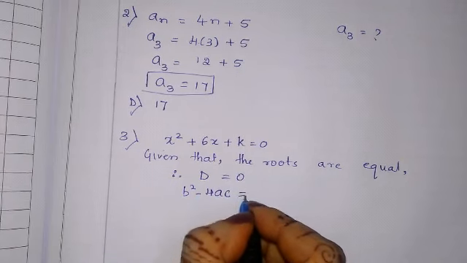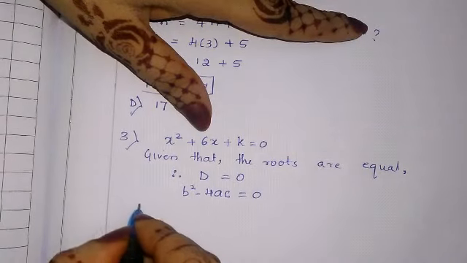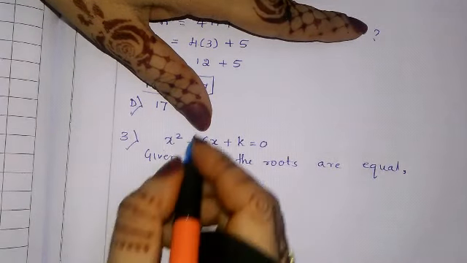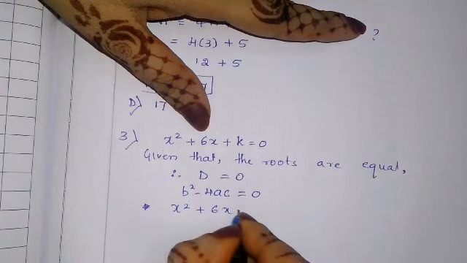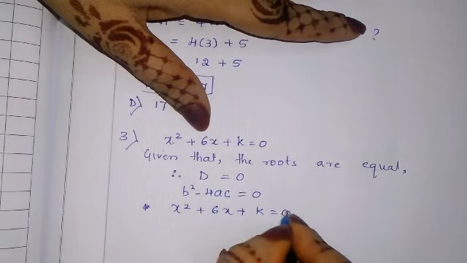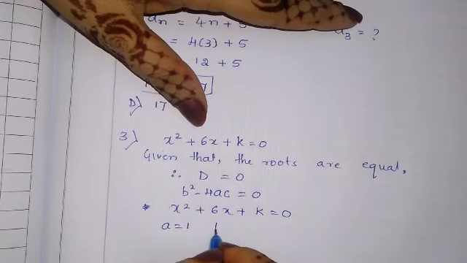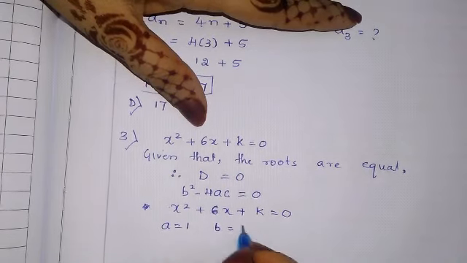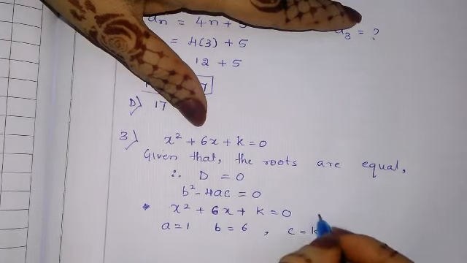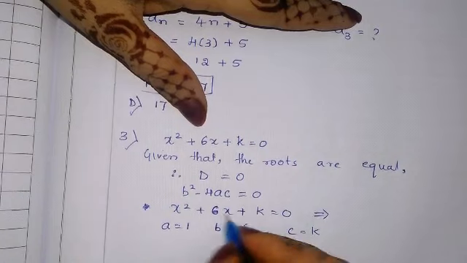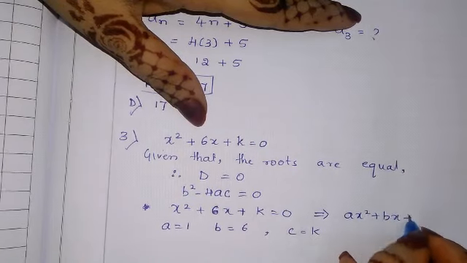The value of d is equal to 0. Now a, b, c values we need. We know that here the given equation is x square plus 6x plus k equal to 0. a is 1, b is equals to 6 and c is equals to k. How can we come to know? We know that the general form of equation is ax square plus bx plus c.